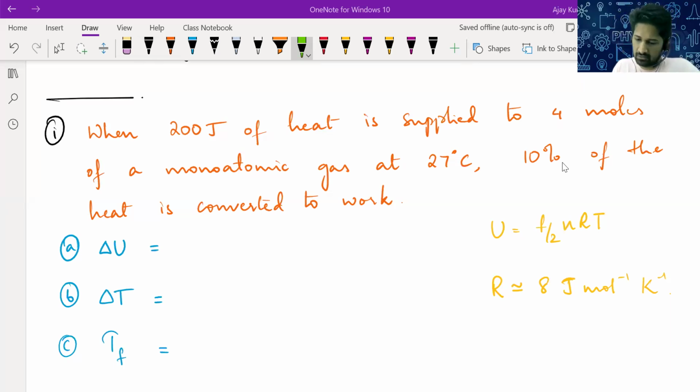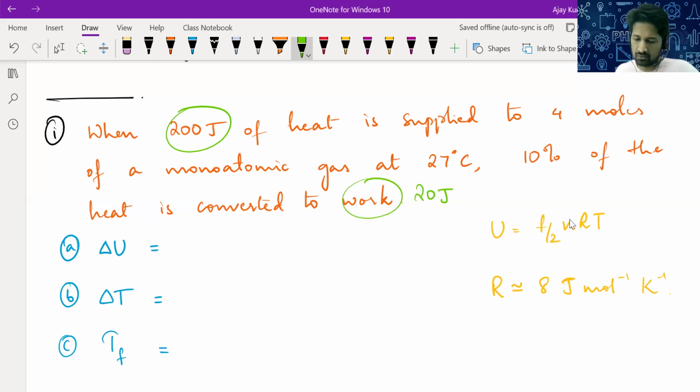See, it is given to you that 200 joules is supplied. I got one answer for the first part as 180 joules. That is correct. Out of 200 joules, 10% of the heat is converted to work. 10% of 200 is 20 joules. So work done here is 20 joules.